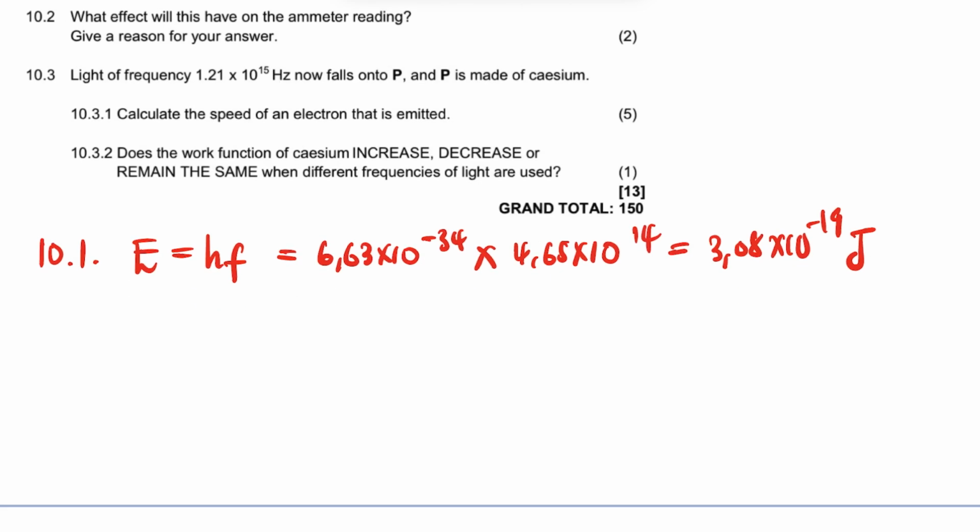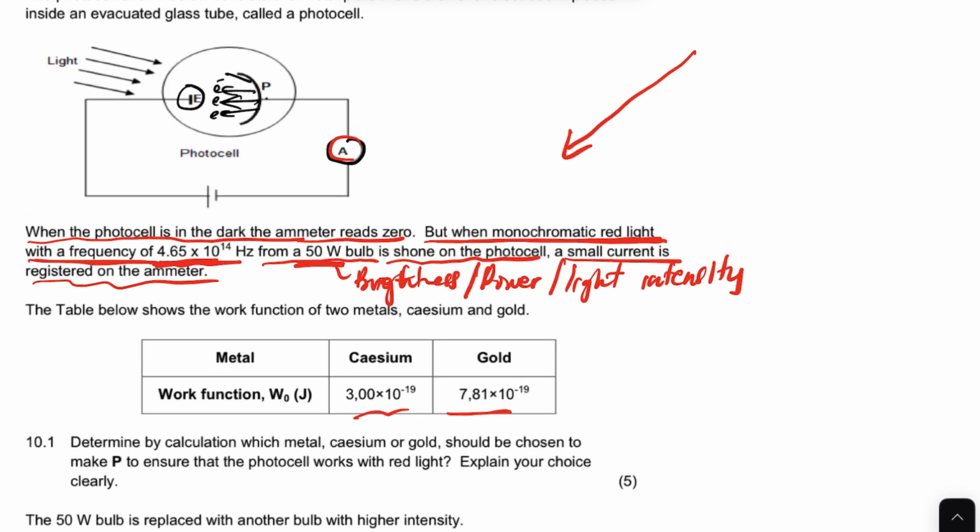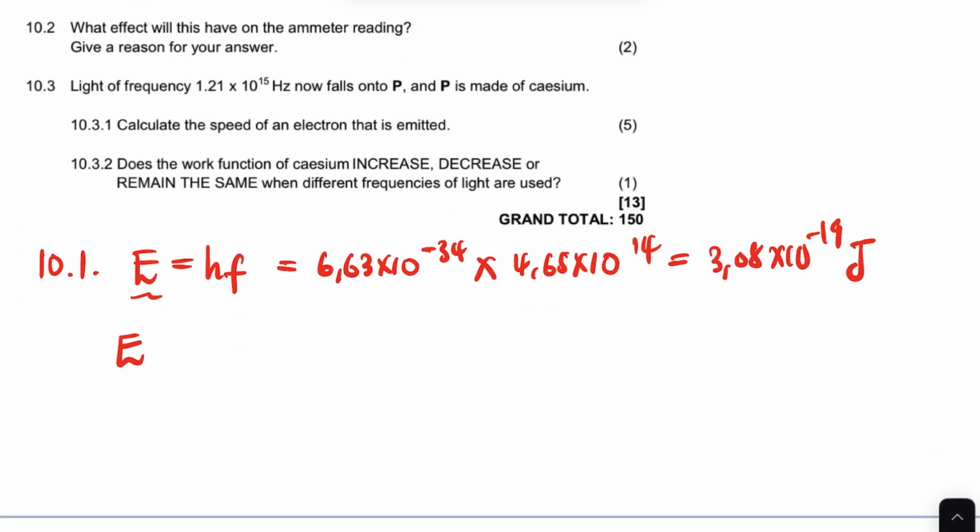And then what do we do now? We compare this energy of the light with the work function. If you look at the cesium, the energy is greater than the work function of cesium.